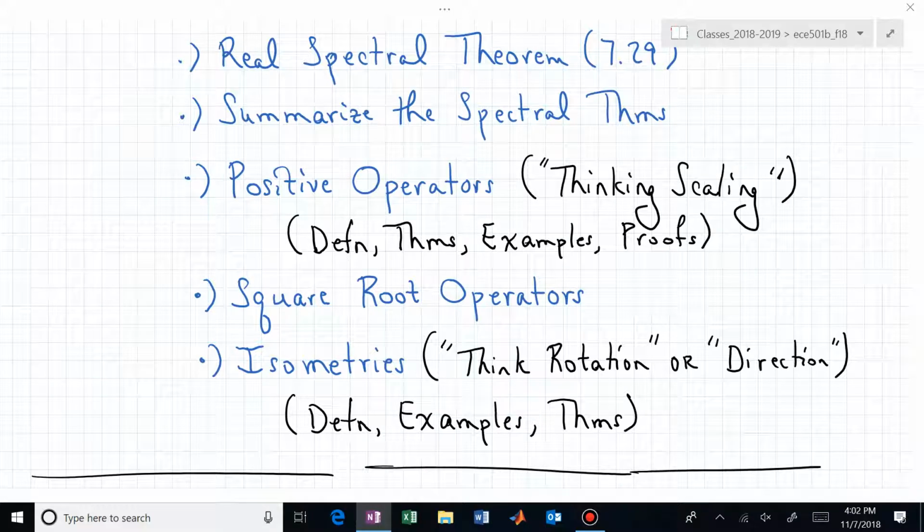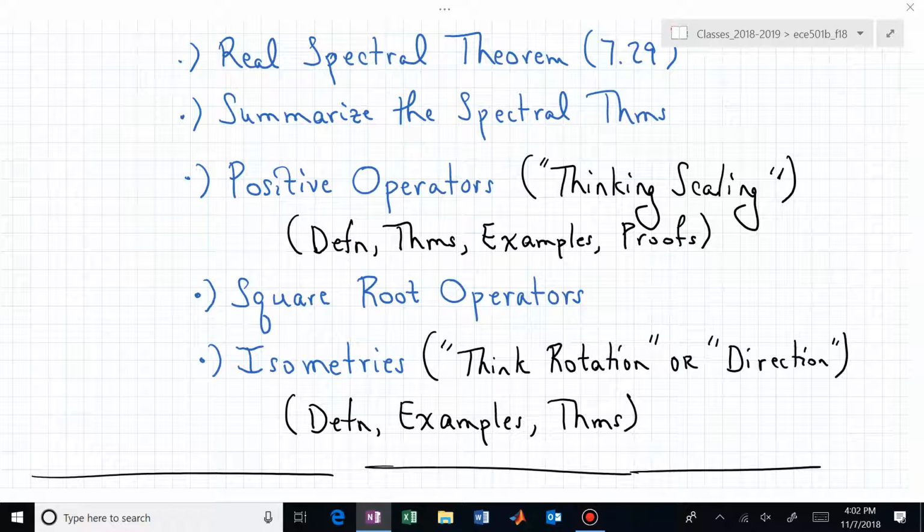Then we'll start talking about two other concepts dealing with operators. We'll talk about positive operators, and those you can think of as ways of scaling, either reducing, a positive number could be 1/2, so we could reduce or we could increase, enlarge with a scale factor of 3, a scale factor of 10.